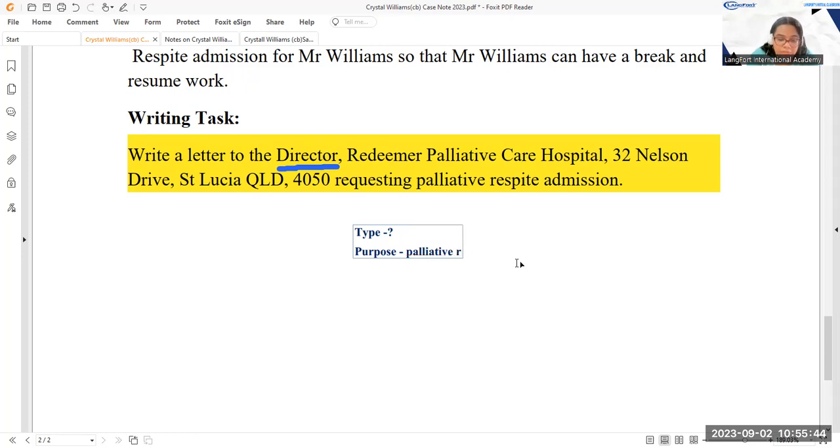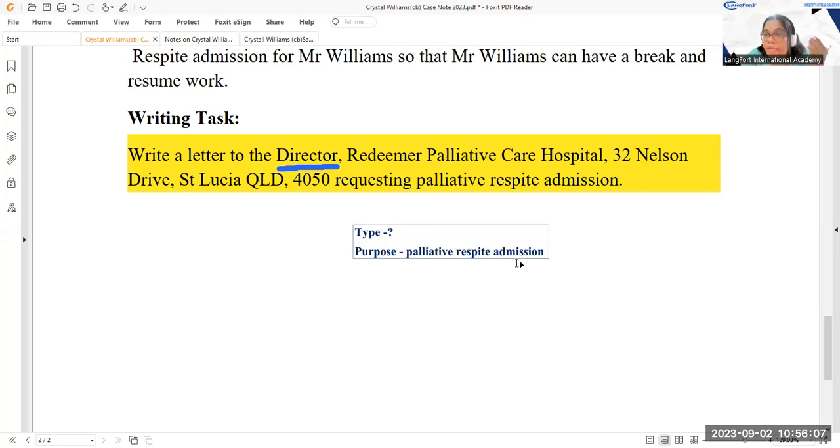Always remember, respite admission means temporary, something for some time, not for long. So, as part of palliative care, you want your reader to provide palliative respite admission for your patient. We don't know what type of letter it is. If you're planning to start your intro with I am writing to, then it is good to know the type.